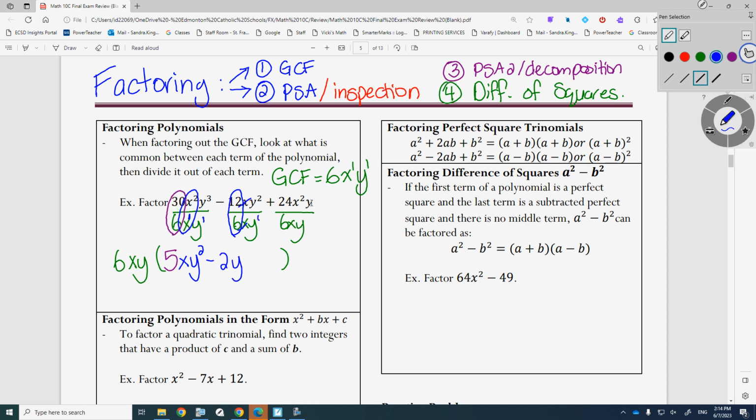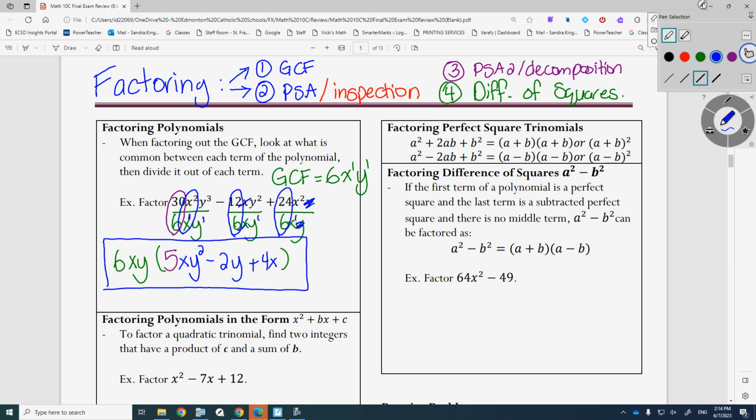And when you subtract the exponents on the y, you'd have 1y. Plus 24 divided by 6 is 4. Subtract the exponents on your x's and you'd have x to the 1. The y's would cancel. And this would be your factored expression by GCF. So this would be one answer, one of my factors, and this would be my second factor. Okay, so GCF question.